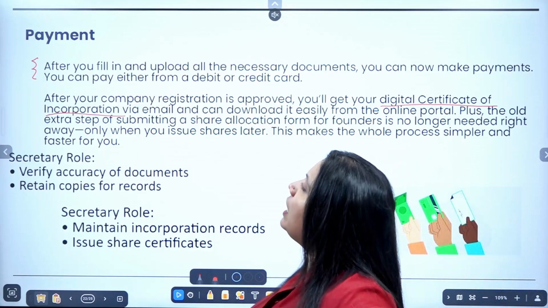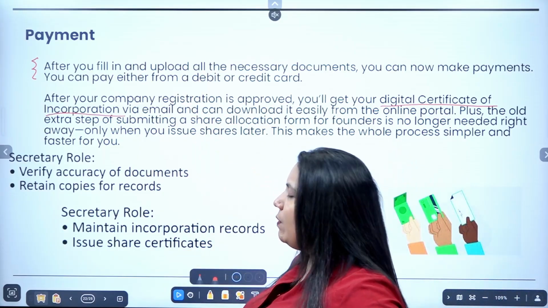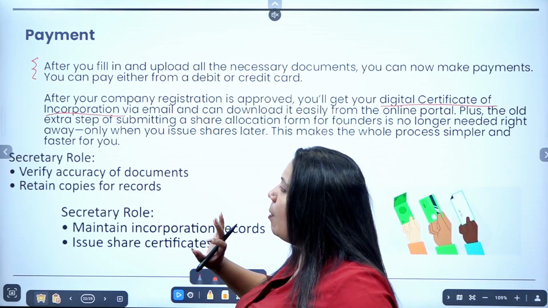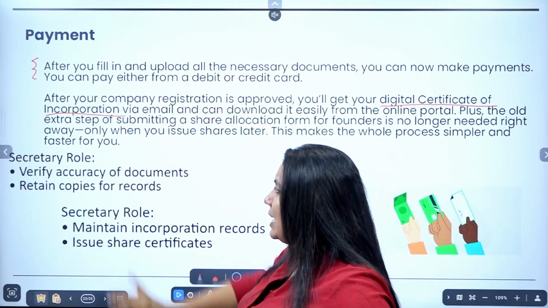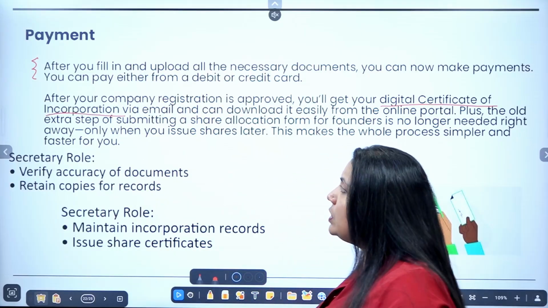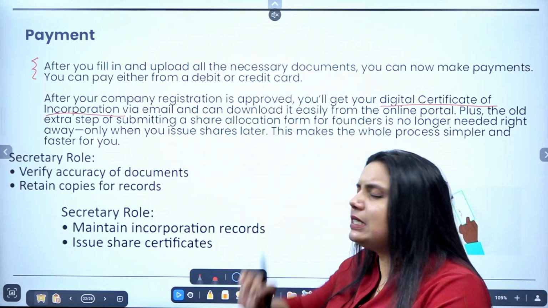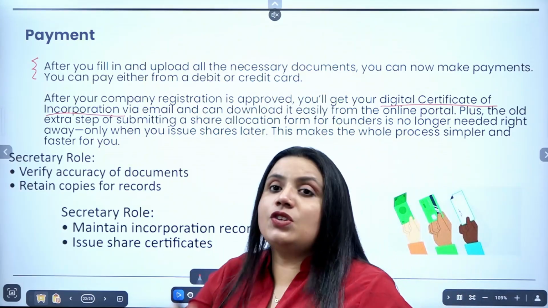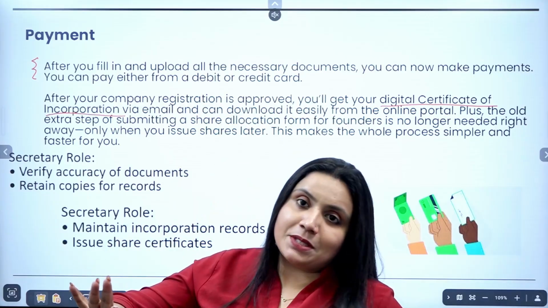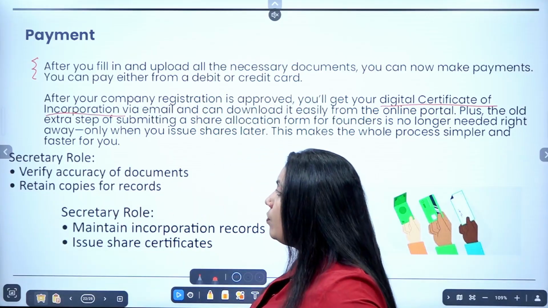So again, with regard to payment and getting the certificate of incorporation, what is the secretary's role? Verify accuracy of documents. When you're uploading the documents, I usually tell my students, check not once, not twice, check at least 10 times, right? So verify the accuracy of your documents.